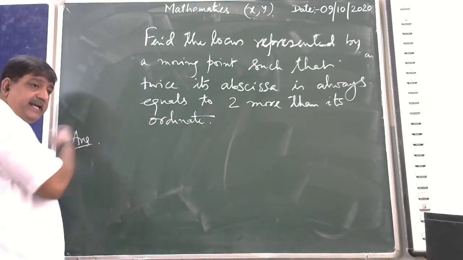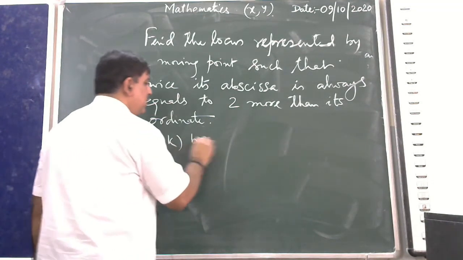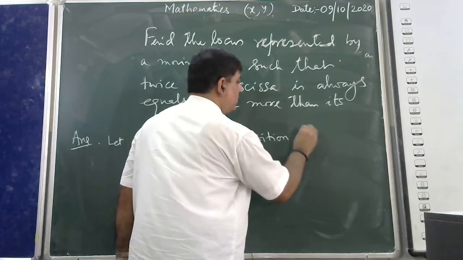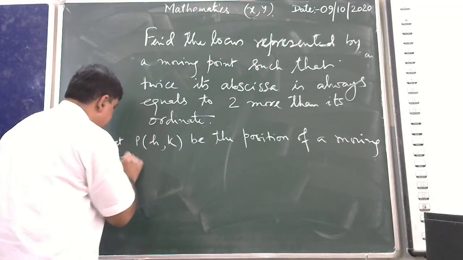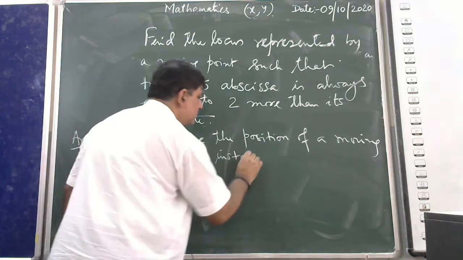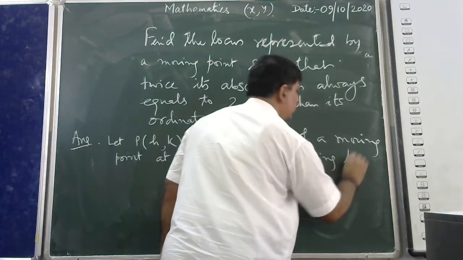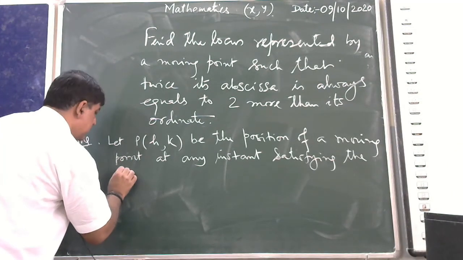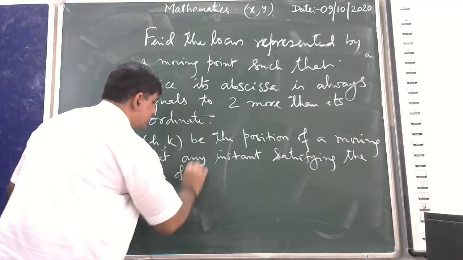Solution: let P(h, k) be the position of a moving point at any instant satisfying the given condition of locus.